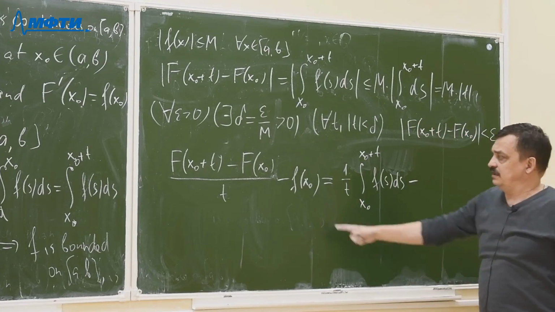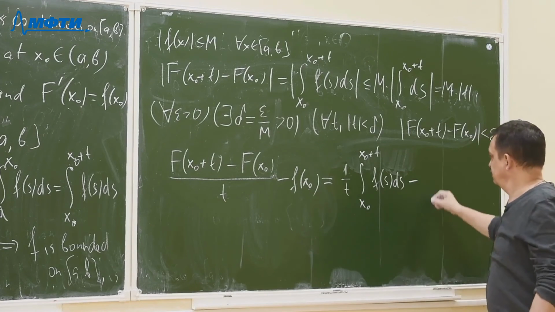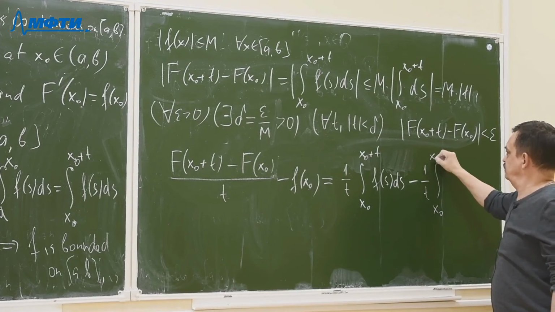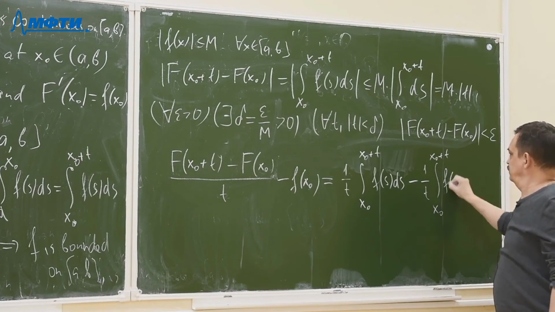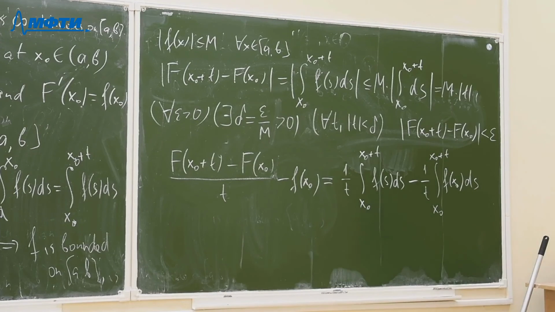And now here, that is a constant, right? So I'll represent it also in the same way, the integral of f of x naught ds. Because you see what is written here. That is a constant, right? And the integral is equal to precisely t, so that is f of x naught.